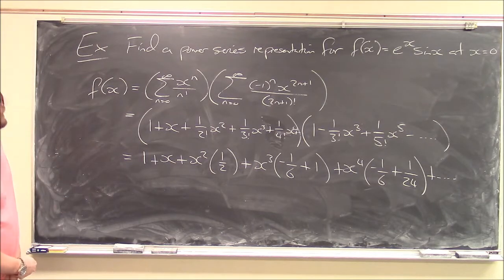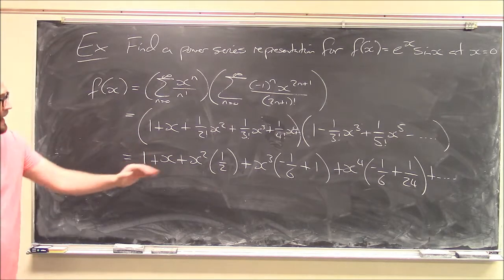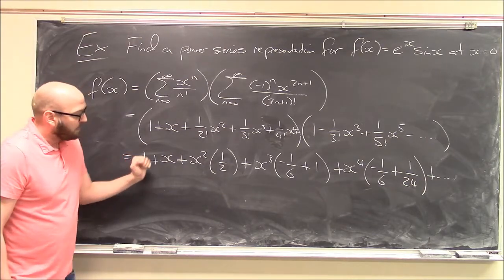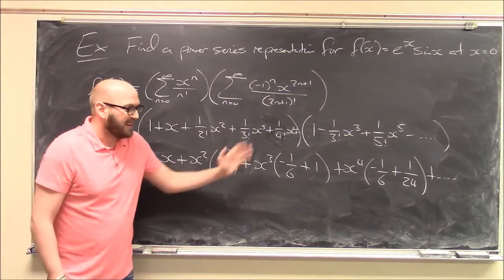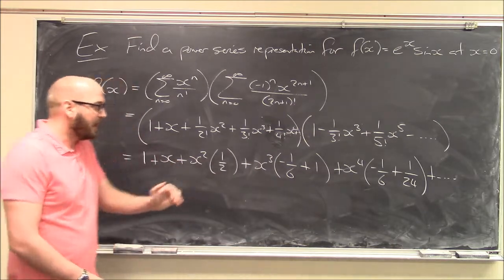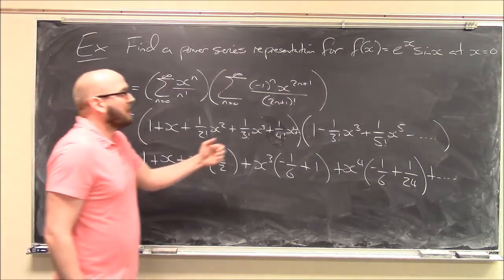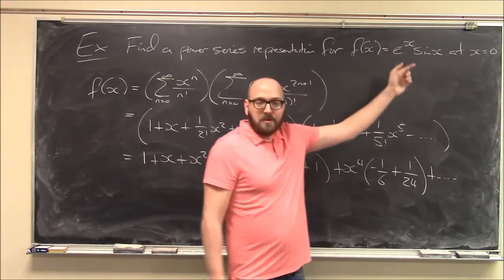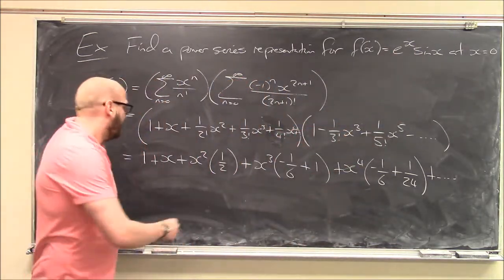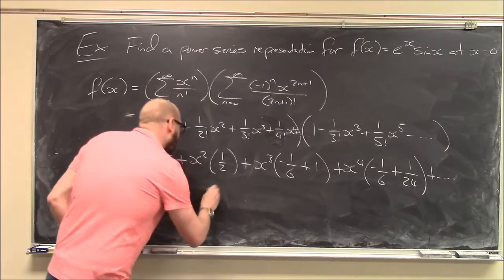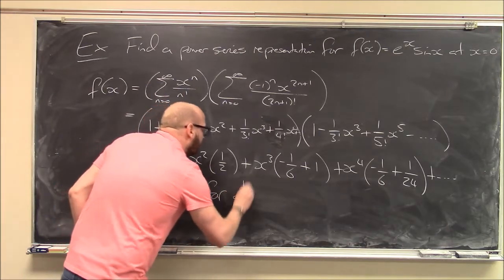So this, even though I'm dotting it out, I haven't really figured out what the pattern for the coefficients here is, and I suspect it's a very ugly pattern. But this is at least the first 4 terms in the power series representation for this function. And I know it must equal this for all x.